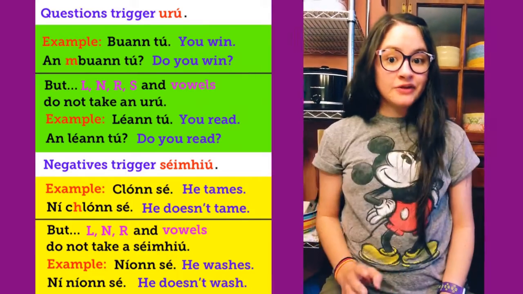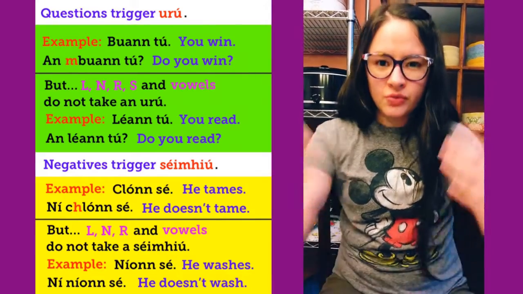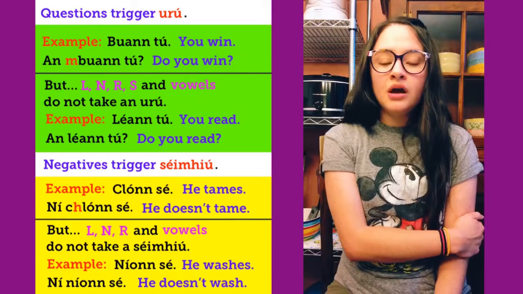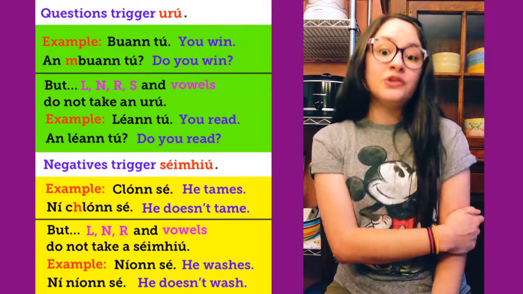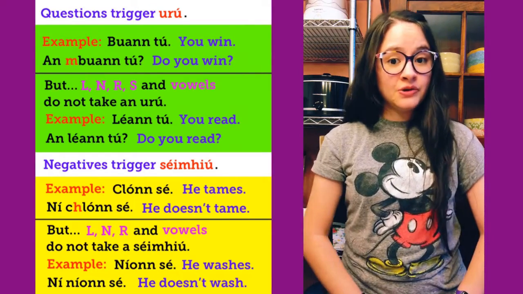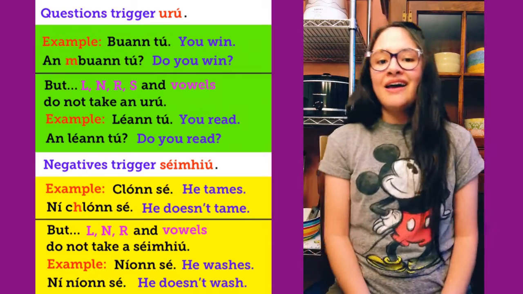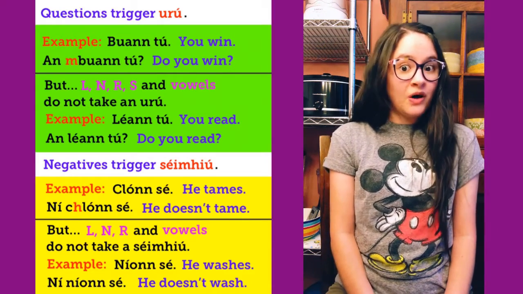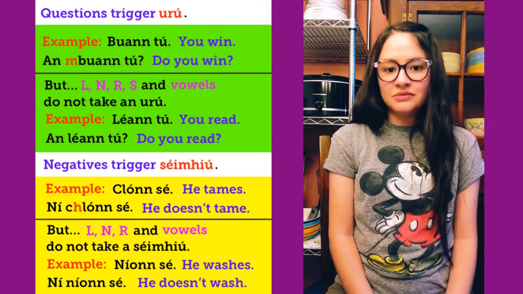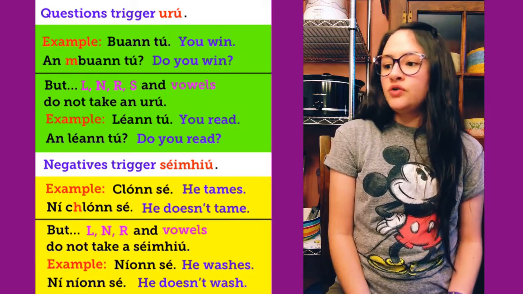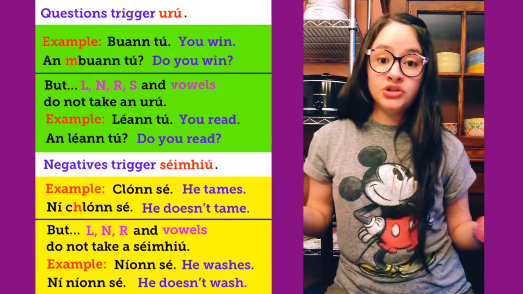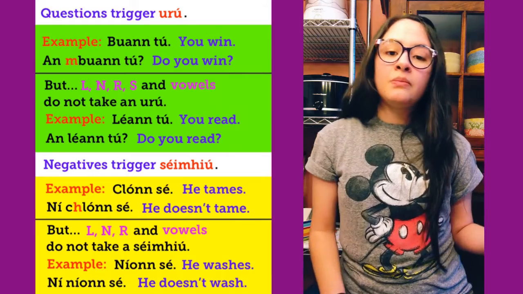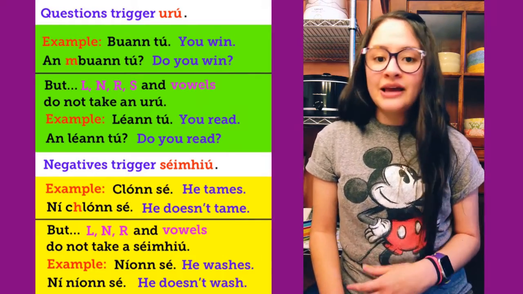Now, negative statements are going to trigger séimhiú, which is just the Irish word for lenition, which I happen to also make a handy-dandy video about in the past. And so you can watch that if you haven't, and it'll explain it a lot more. So, for example, if we had cloíonn sé, he tames, but ní chloíonn sé, he doesn't tame.